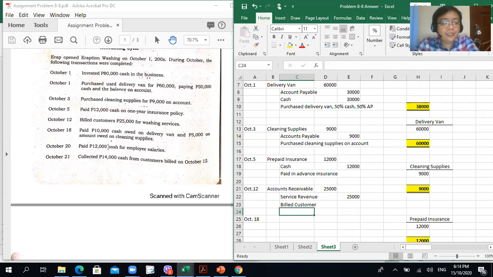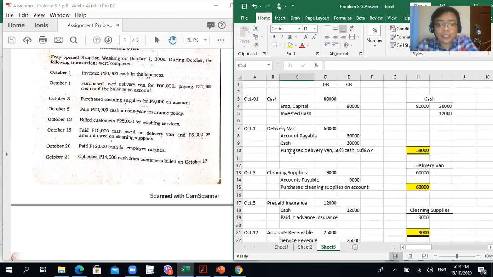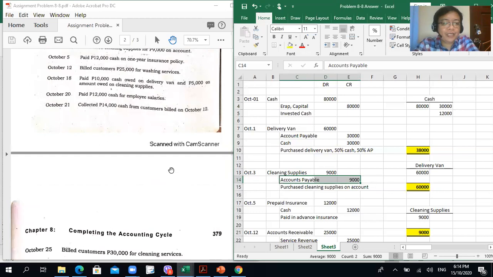Paid 10,000 cash owed on the delivery van and 5,000 on the account. When was that? Didn't we incur that debt here? Okay, now we have cash on October 18, so the customer has paid.